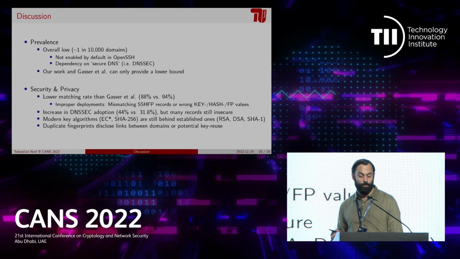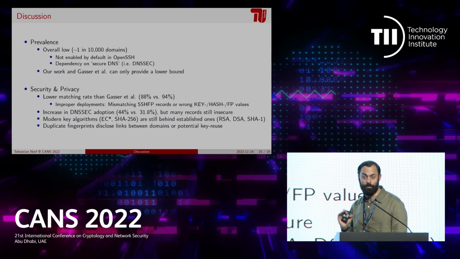However, on a positive note, we find a slight increase in DNSSEC adoption compared to Gus et al. So they had 31.8%, we have 44%. But this is over the course of the last 8 years. So with 44%, there are still a lot of records being insecurely transmitted, which is not good.